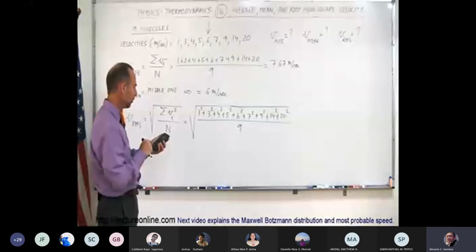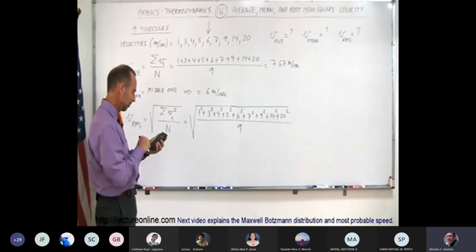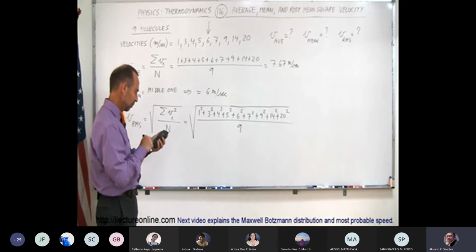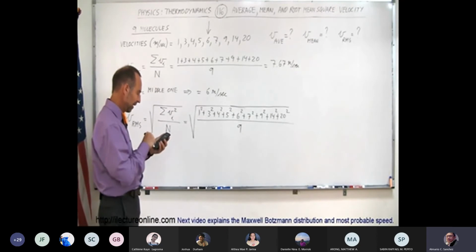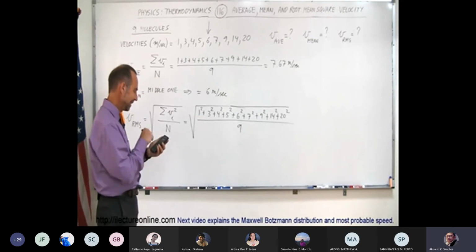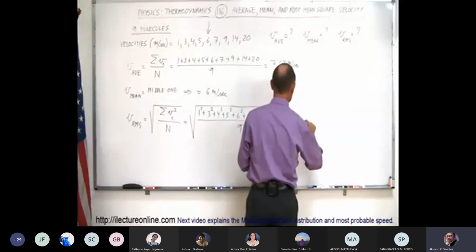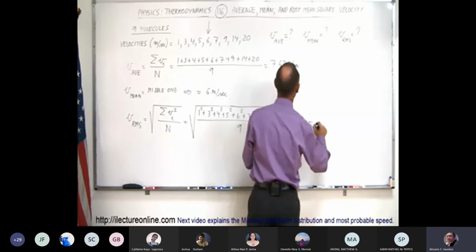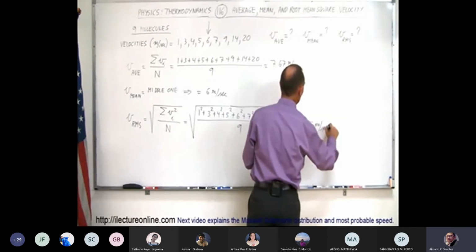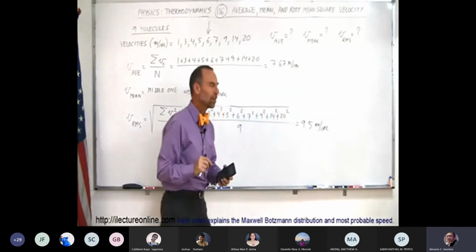So that would be 1 plus 9 plus 16 plus 25 plus 36 plus 49 plus, that looks like 81, plus 14 squared is 196, plus 400 equals, divide that by 9, equals, and then take the square root. And there we get the RMS velocity of 9.5 meters per second.